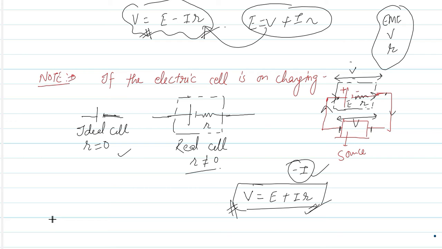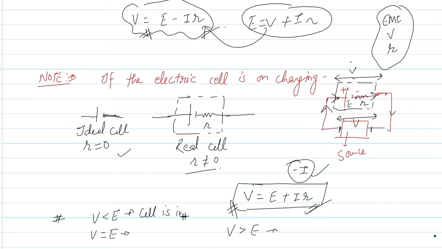So we have three cases, students. This should also be noted down, that V, the terminal potential difference, may be smaller than E, V may be equal to E, and V may also be greater than E. Now you have come to know about all three cases. In which case does V become smaller than E? This is the case when the cell is in use, right?